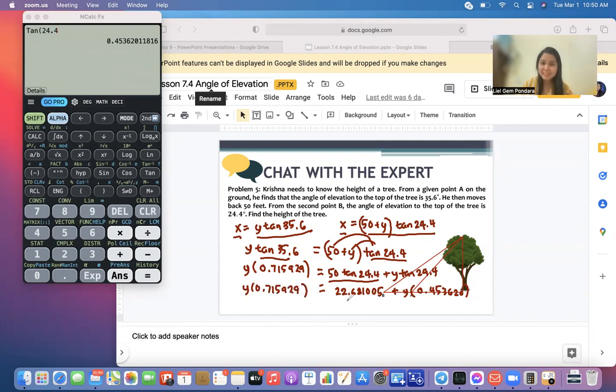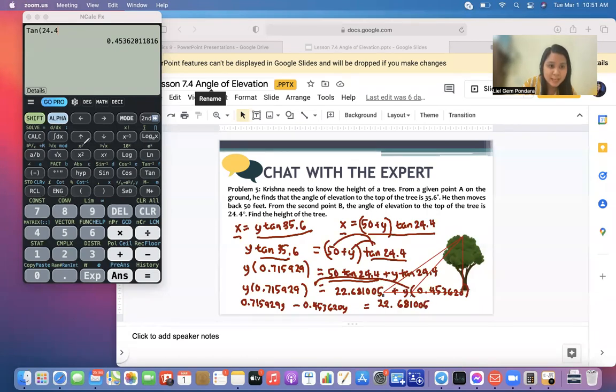Okay, next, we group all y's together. So you transfer this y to the other side. So we now have 0.715929y minus 0.453620y equals 22.681005.